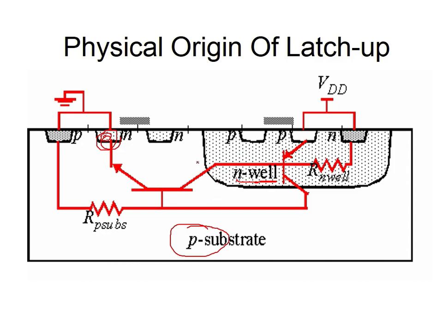This transistor is not physically existing, but due to these different layers a transistor exists. Similarly here this is P type and this is N type, and again here it is P substrate. So a PNP transistor will be formed by this structure.